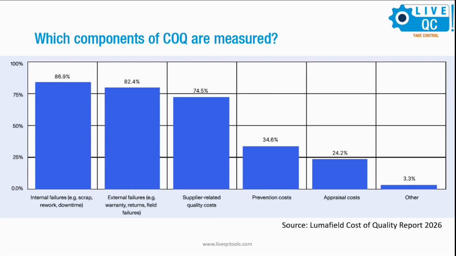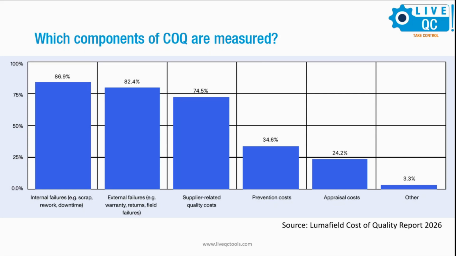Supplier related quality costs, yes, because you give an RMA, you get a debit note. Prevention costs, see, it starts coming down because it's not taken as a part of cost. Appraisal cost, still lesser. So we are not really getting a total overall comprehensive picture of the cost of quality.